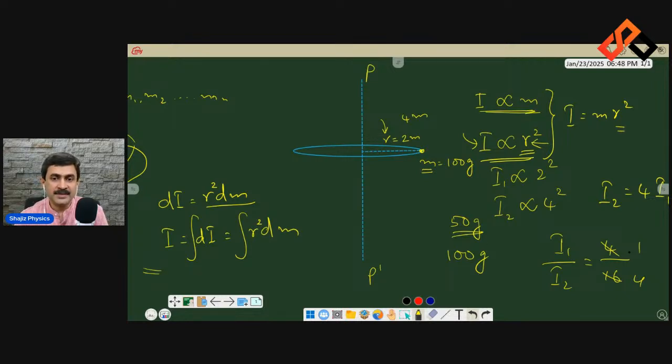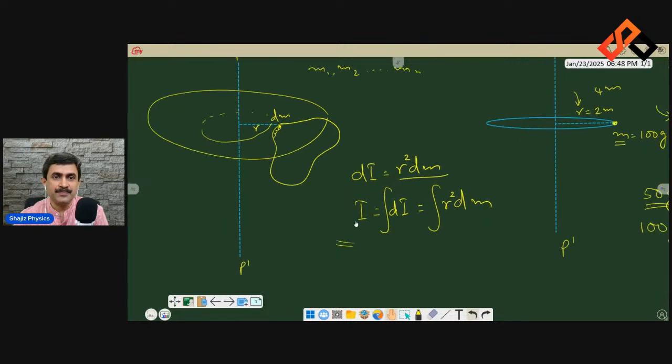Now, if we extend that relationship to a small piece of an extended object, we write the small moment of inertia as r square dm, or dm into r square. We have the freedom to change the order. By integrating this expression, we get the total moment of inertia of the object.